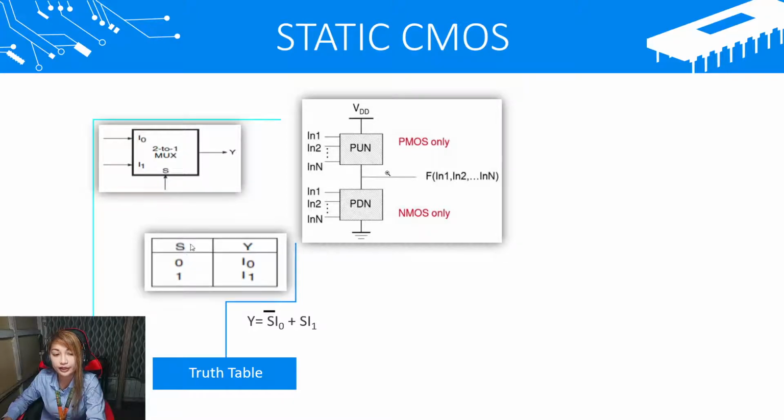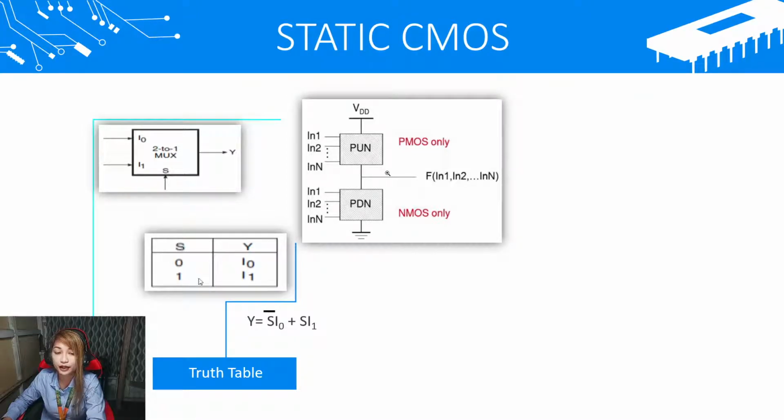We have S, the selector or the switch, and then we have Y. If the selector or the switch is low, the output will be the data input from I sub 0. And if our selector or switch is high, the output will be the data input from I sub 1.